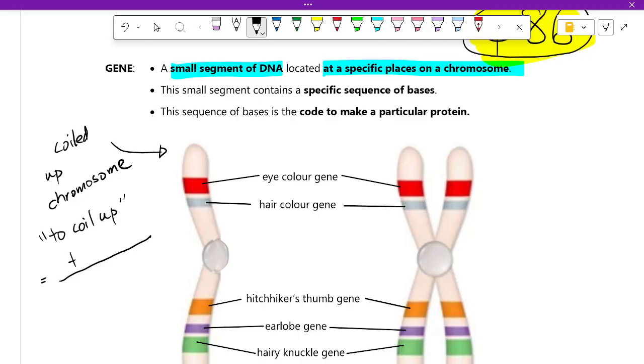Condense, yes. So this is a condensed chromosome.